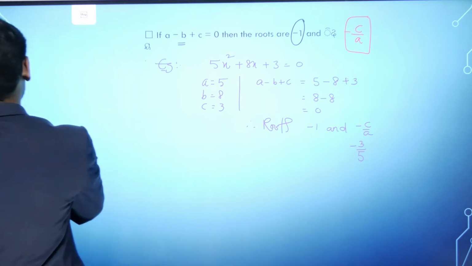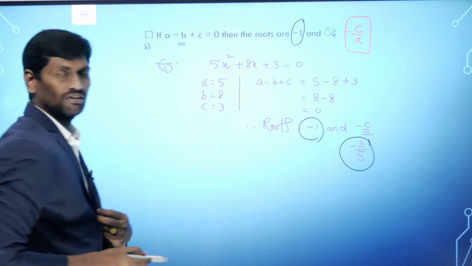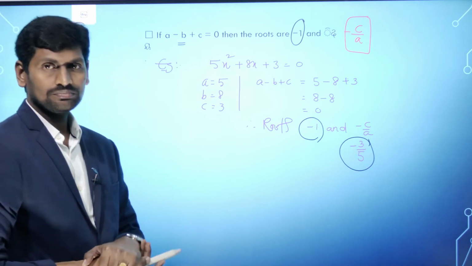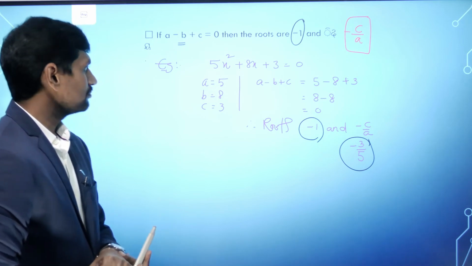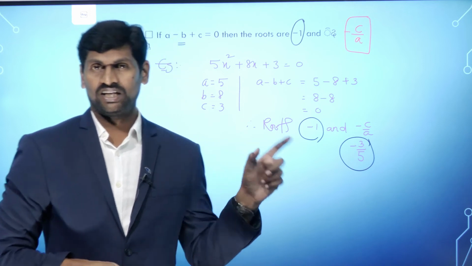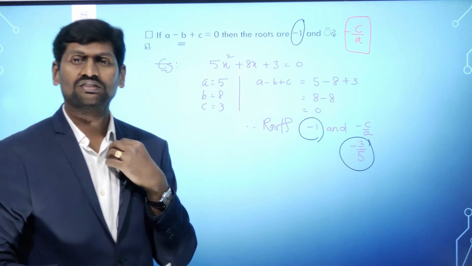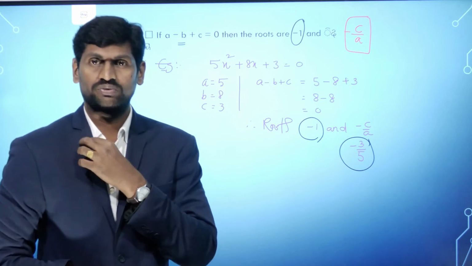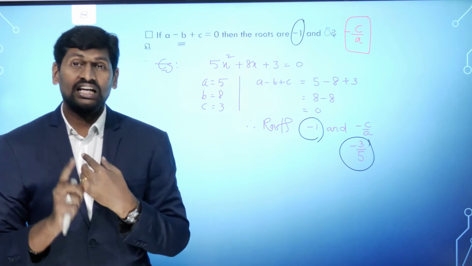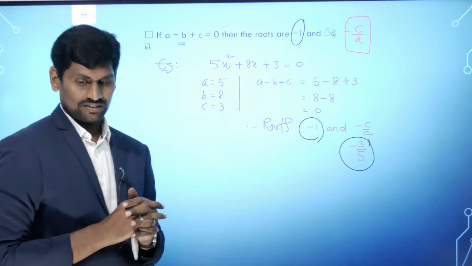So therefore the roots are minus 1 and minus 3 by 5. Okay? Same, just here the x coefficient is taken as negative, that's it. A minus b plus c equals to 0, where a, b, c are coefficients of x square, x and constant terms respectively. Okay?